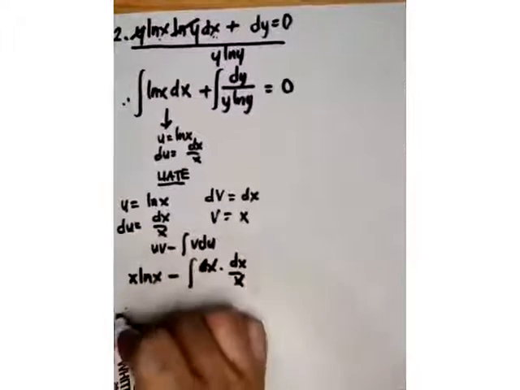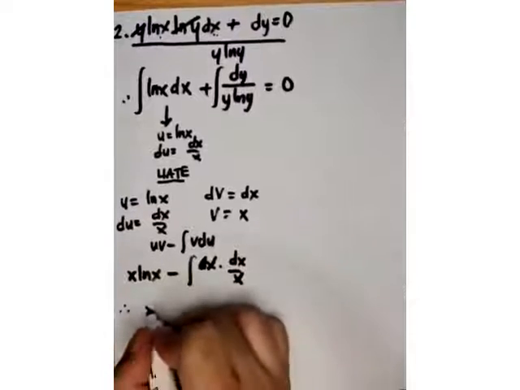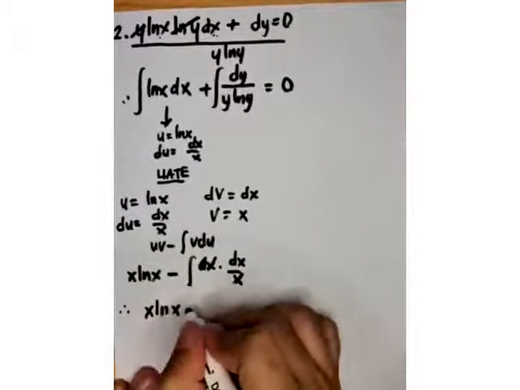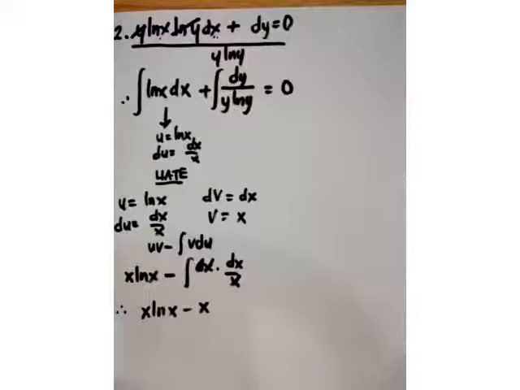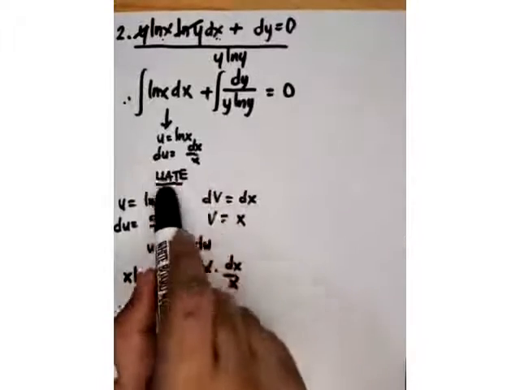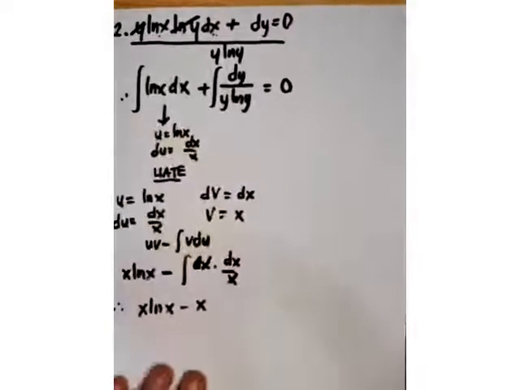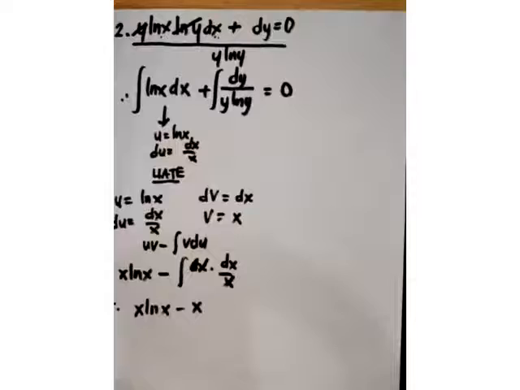Cancel. So therefore, the integral is x ln of x minus x. Okay, so the integral of this is this one. X ln of x minus x. Ako niyo ba?